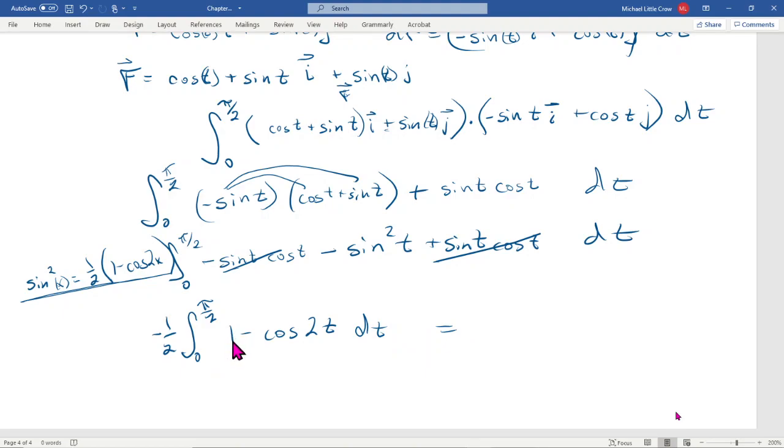When you integrate 1, you get t, so we get a negative 1/2 times t minus cosine of 2t integrates as sine of 2t over 2. And then we want to take this from 0 to pi over 2. So that's the integration.